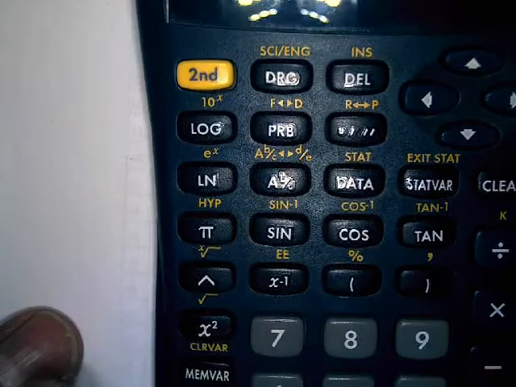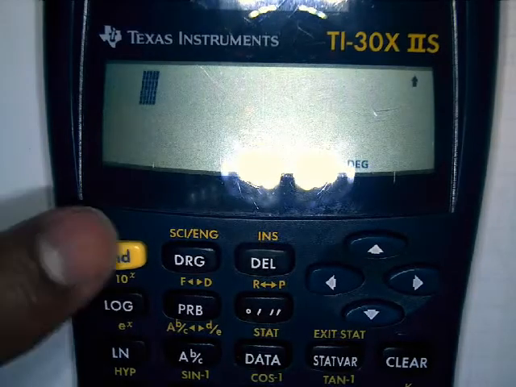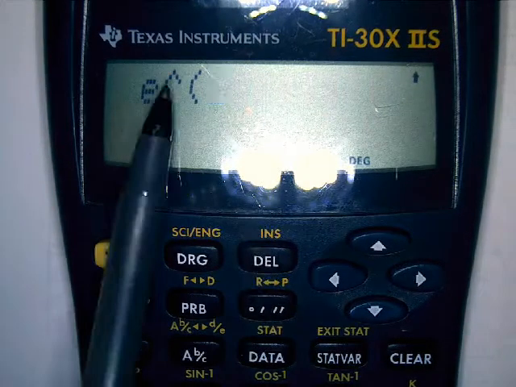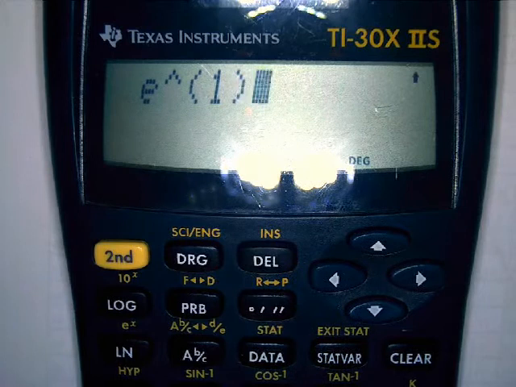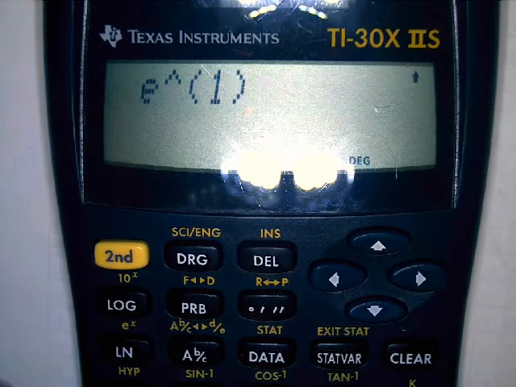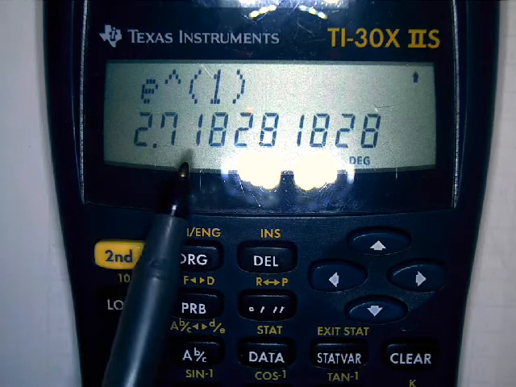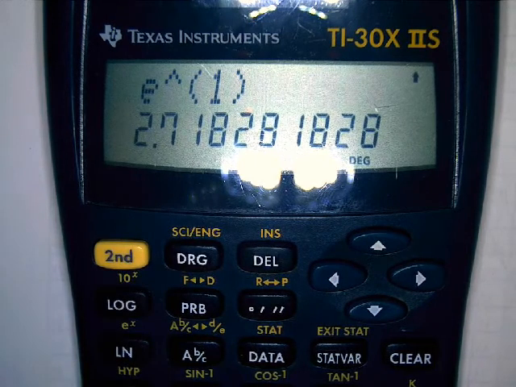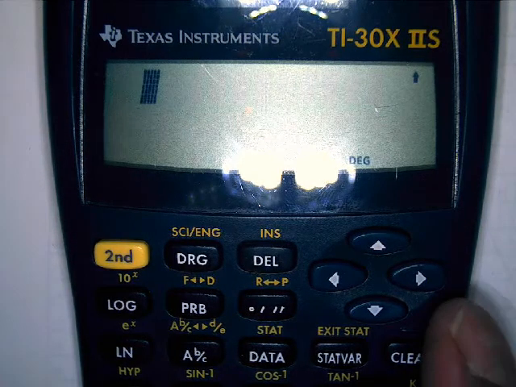So if you want to know what it is, it's like 2.71. It's a constant. e to the power of x. So if I do, look, second function e, and then to the power of 1 to tell you how much that value is. e to the power of 1. If x is 1, e to the power of 1, it's like 2 point. Yeah, there it is. That's the value of e.